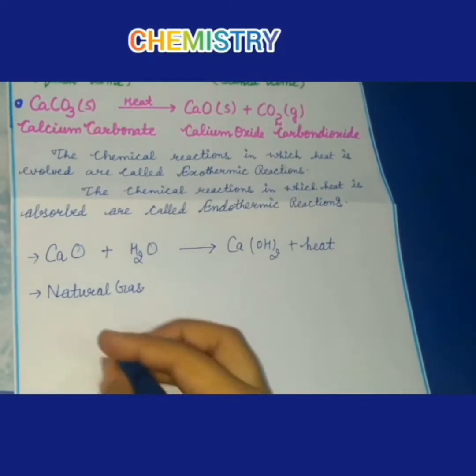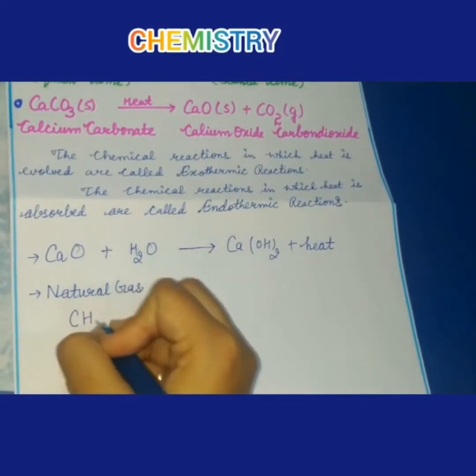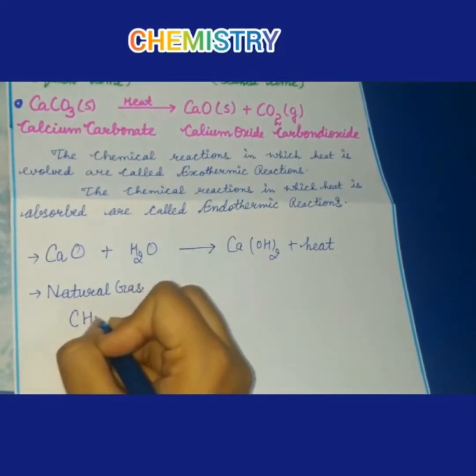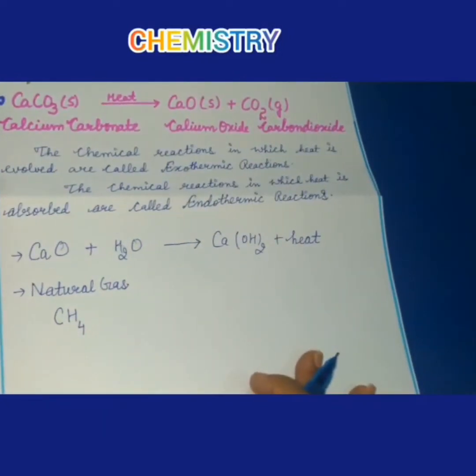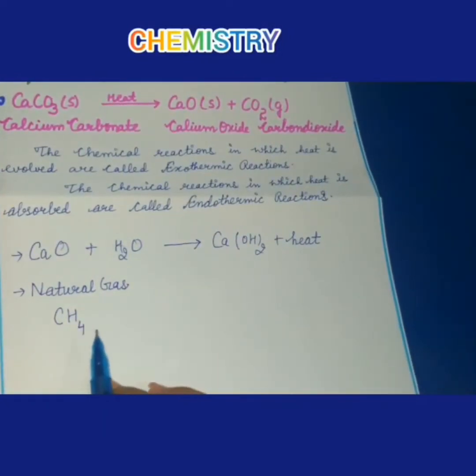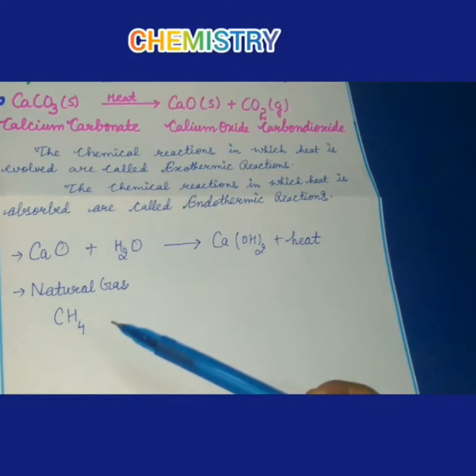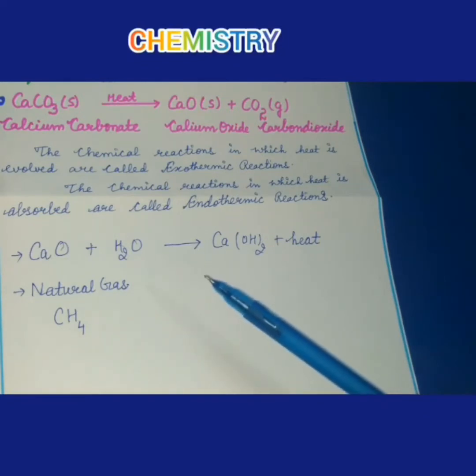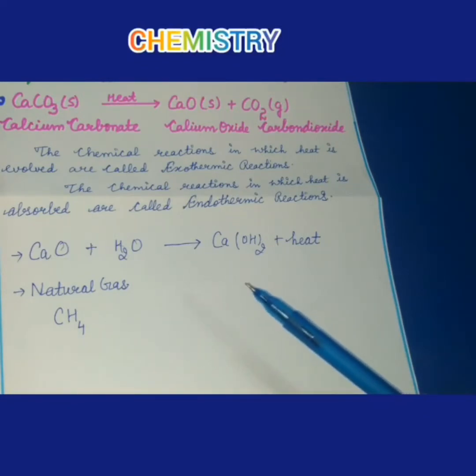Methane gas is written as CH4, C for carbon and H for hydrogen. We use this natural gas in our cars or in our vehicles as a fuel. That is CNG. I have also taught you about CNG in the lectures of physics of sources of energy.